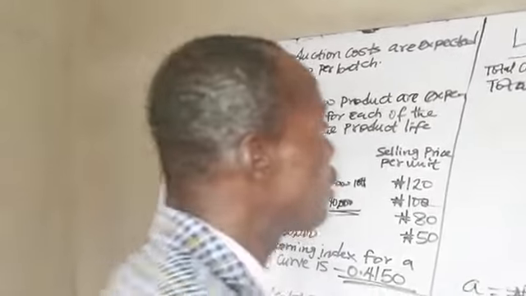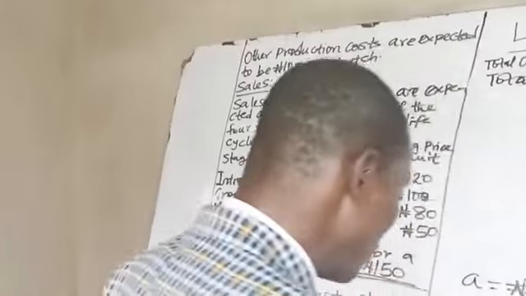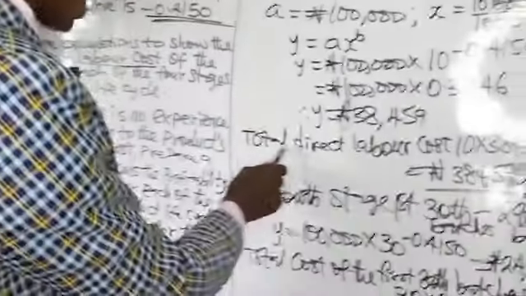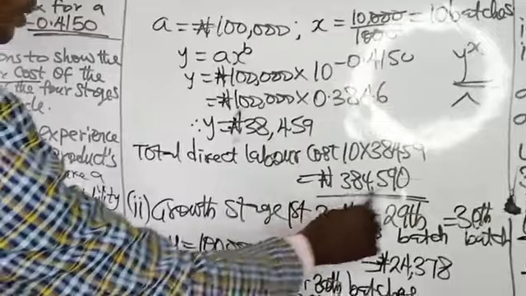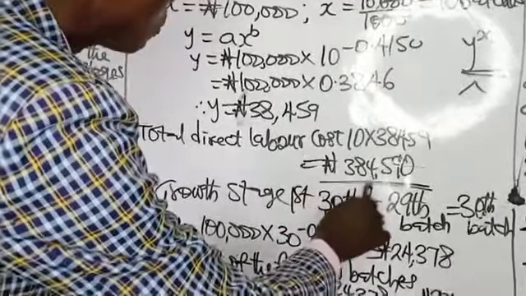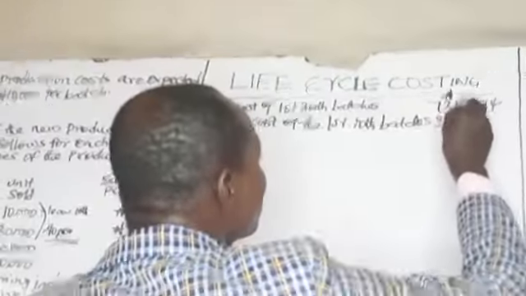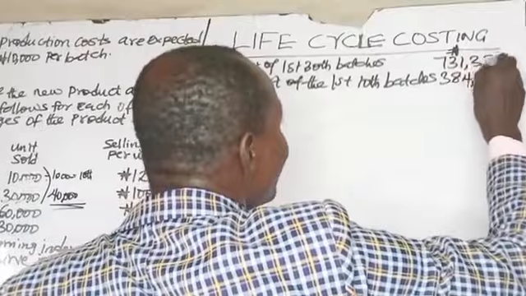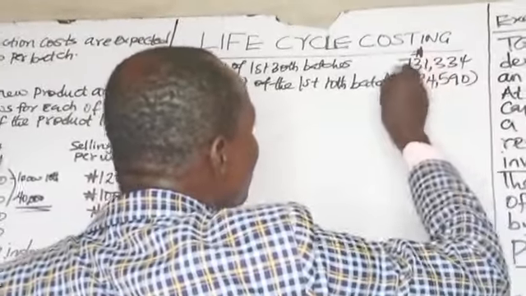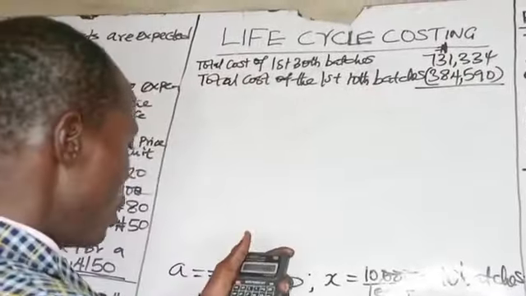So the total cost of the 10 batches as determined. Total direct labor cost of the 10 batches is 384,590.